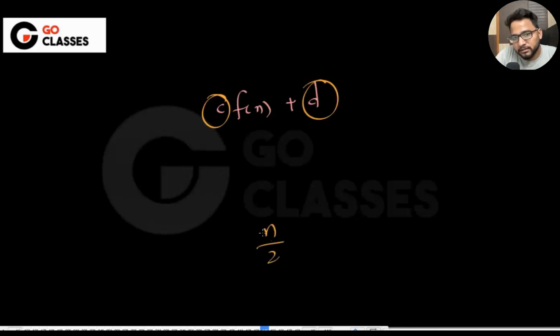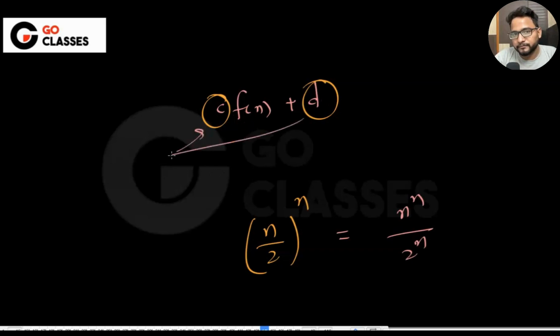Can you ignore this 2? No, right? This is not 2, this is 2 power n. How can you ignore 2 power n? This is too much to ignore. Anywhere a constant appears, you can't just ignore it. You have to see if it can be written as a function times a constant or a function plus a constant. Then only you can ignore it.